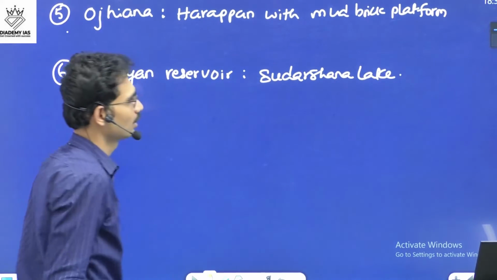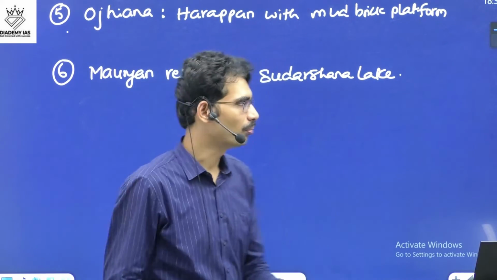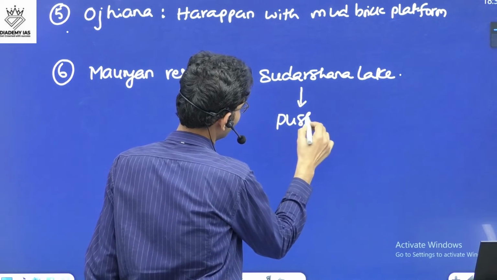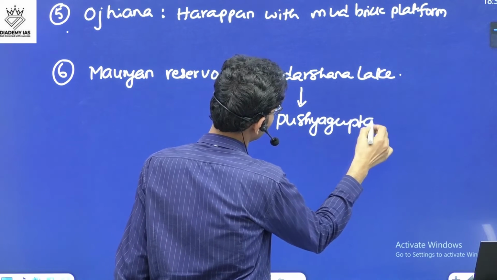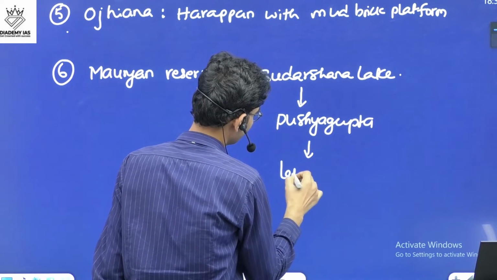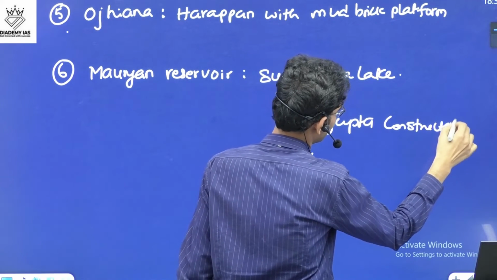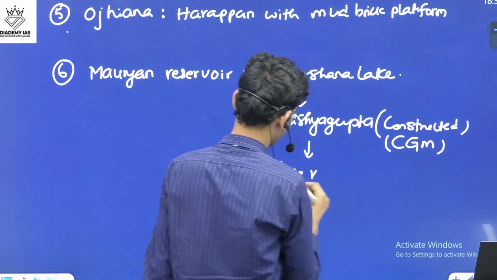Sudarshana Lake. Then you talk about it: during the Mauryan time period, it was constructed by a local governor called Pushyagupta. He was governor of Chandragupta Maurya.